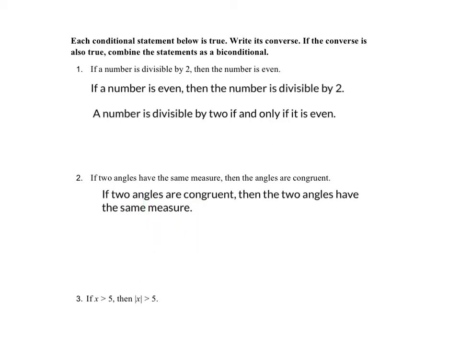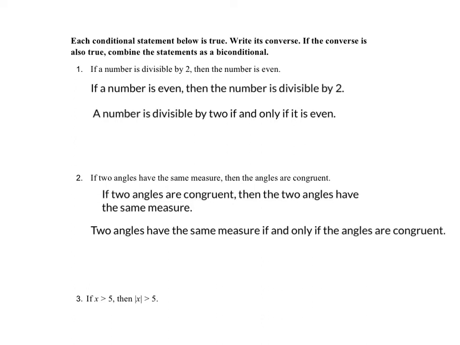So that means that I can write my biconditional. So again, two angles have the same measure if and only if the angles are congruent. That's it, right?